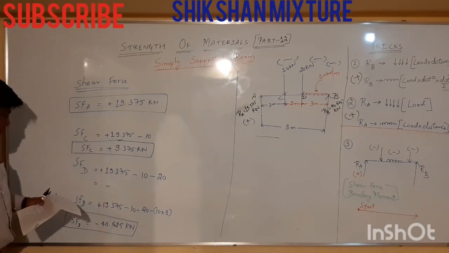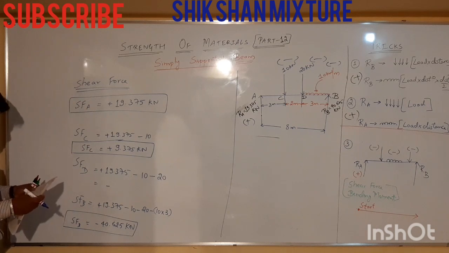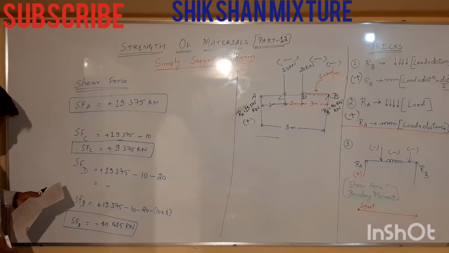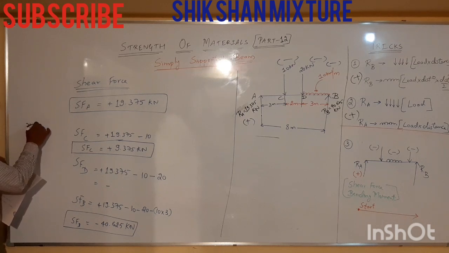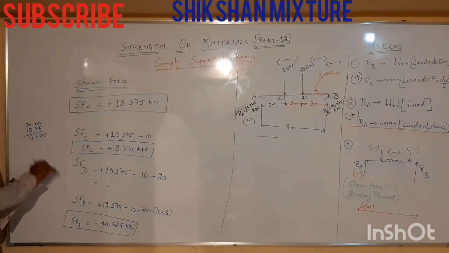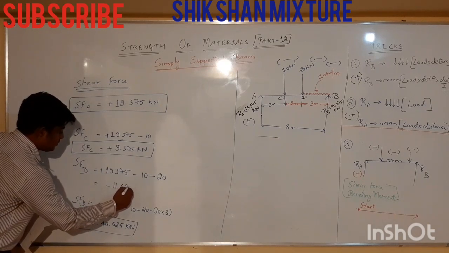Calculate this one. This will be 19.375 and minus 30. This will be 625 and this will be 11.625.